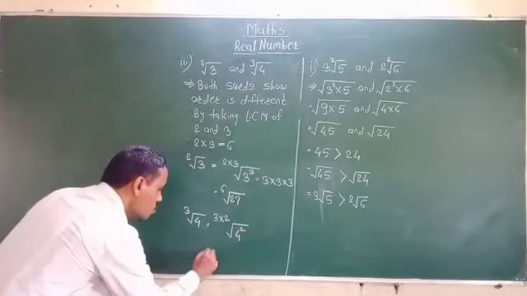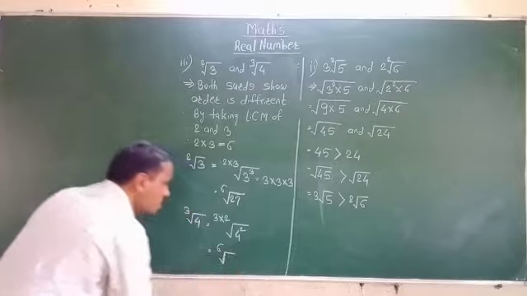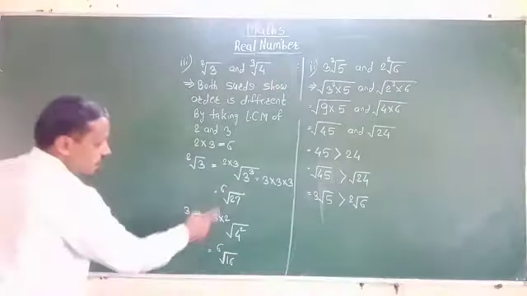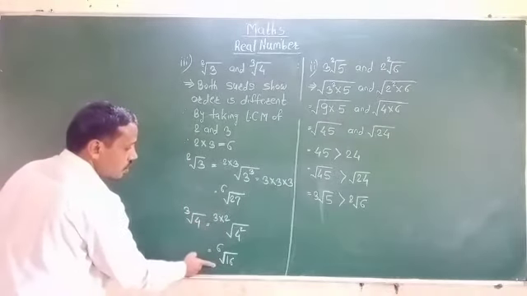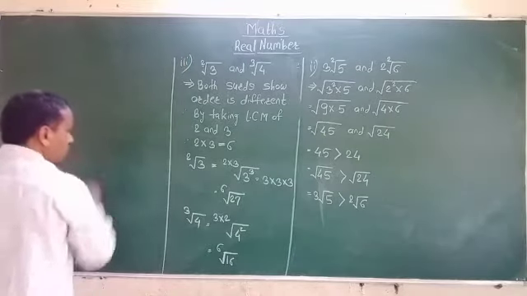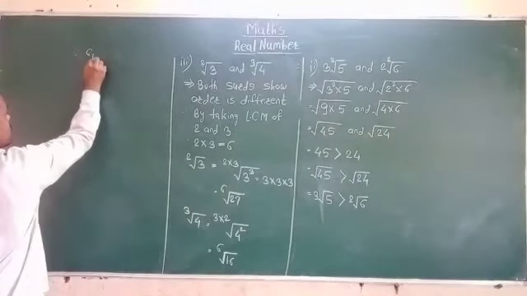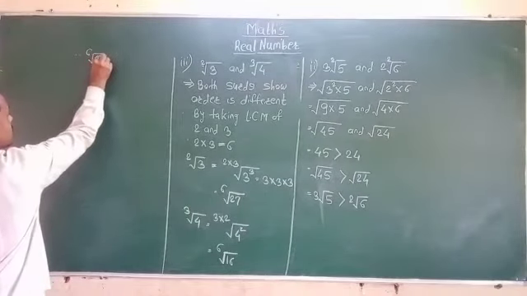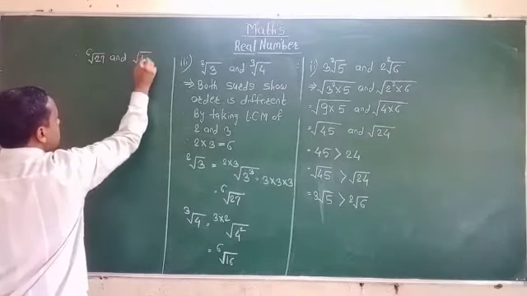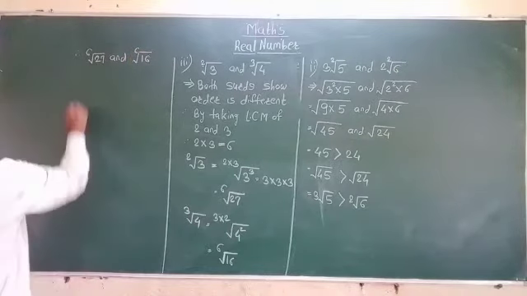So 3 twos are 6, and the second power, that means the square of 4, is 16. So both surds now have the same order. The first surd is the sixth root of 27, and the second is the sixth root of 16, both with order 6.